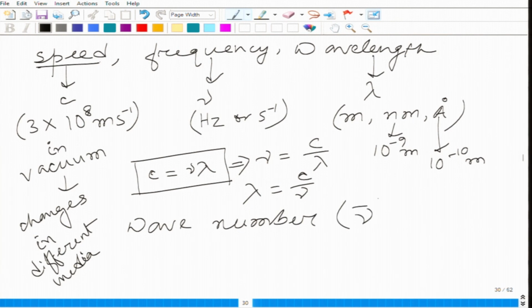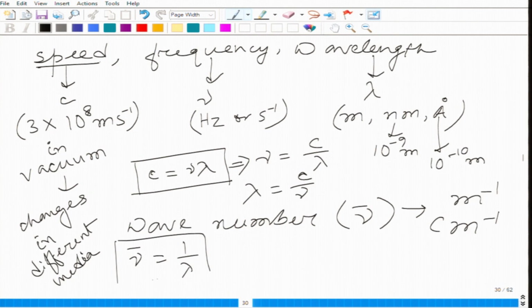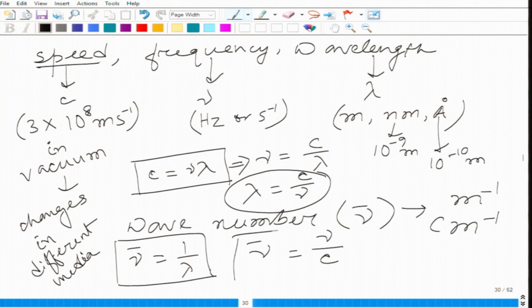It is denoted by nu bar, its SI unit is meter inverse, but it is generally written as centimeter inverse. So, wave number is the reciprocal of wavelength. So, nu bar equal to 1 by lambda, and nu bar is also nu by c.